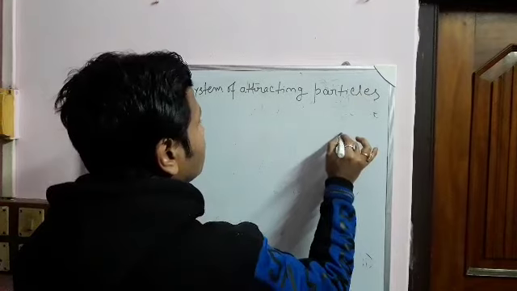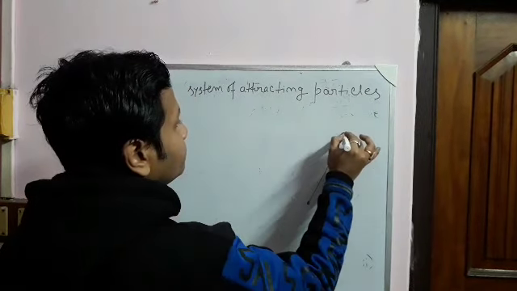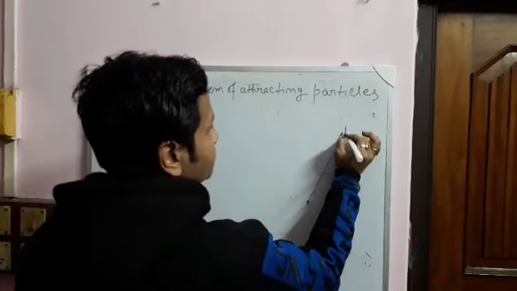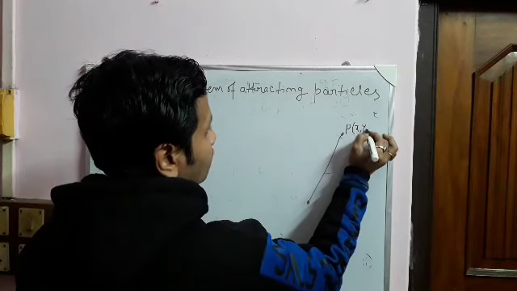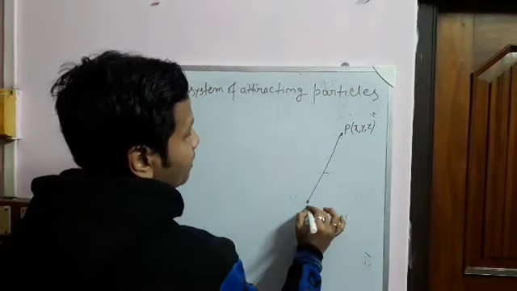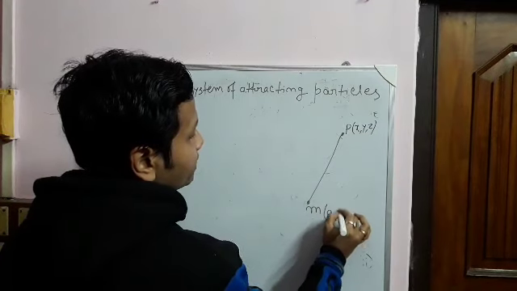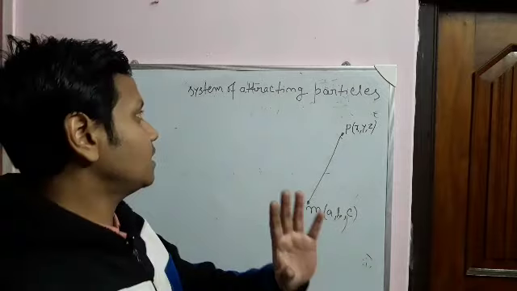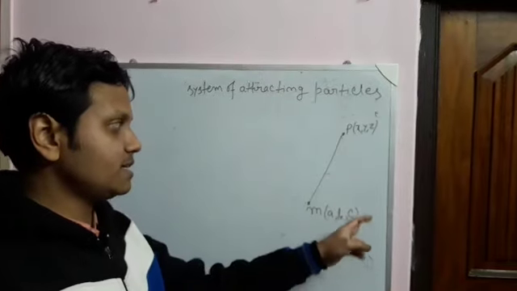So suppose V is the potential. Now suppose P is a point whose coordinate is x, y, z, and we consider a particle of mass m of the system whose coordinate is a, b, c.